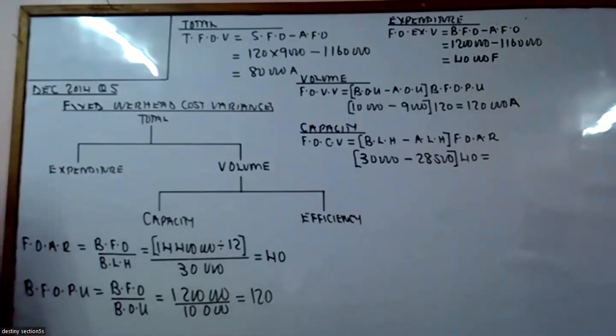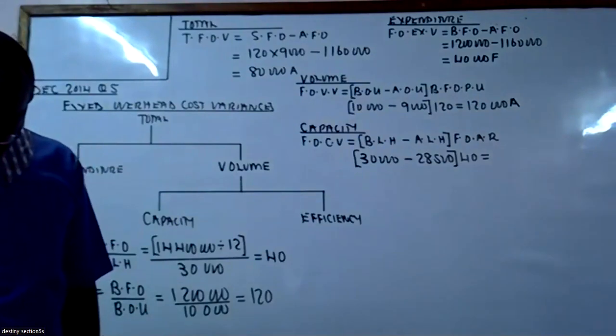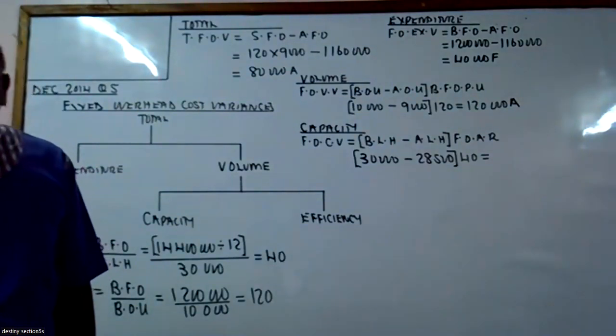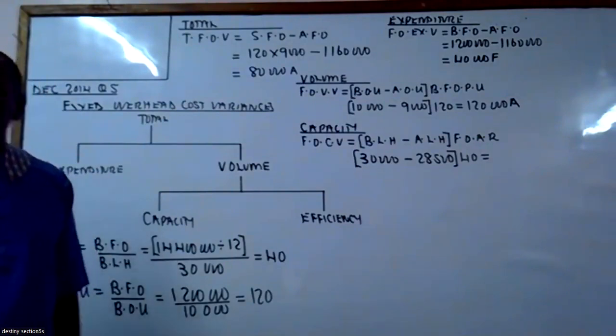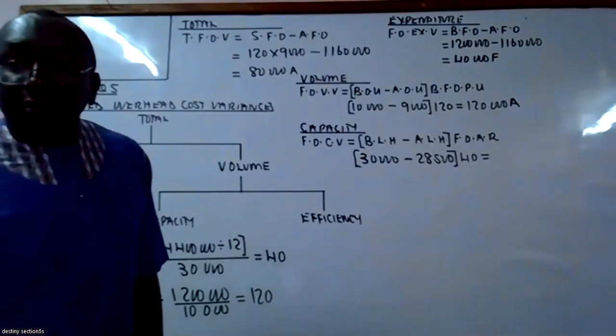So now with that, tell me how much that is as a variance. $60,000.